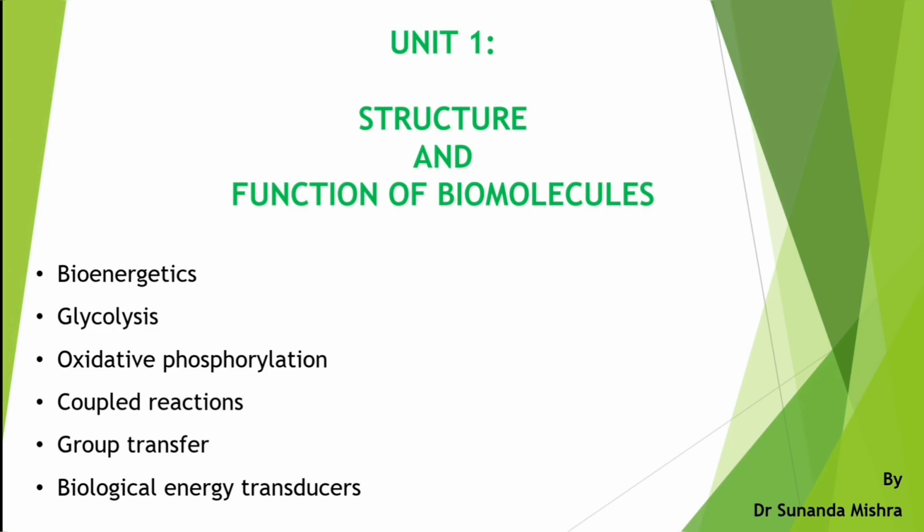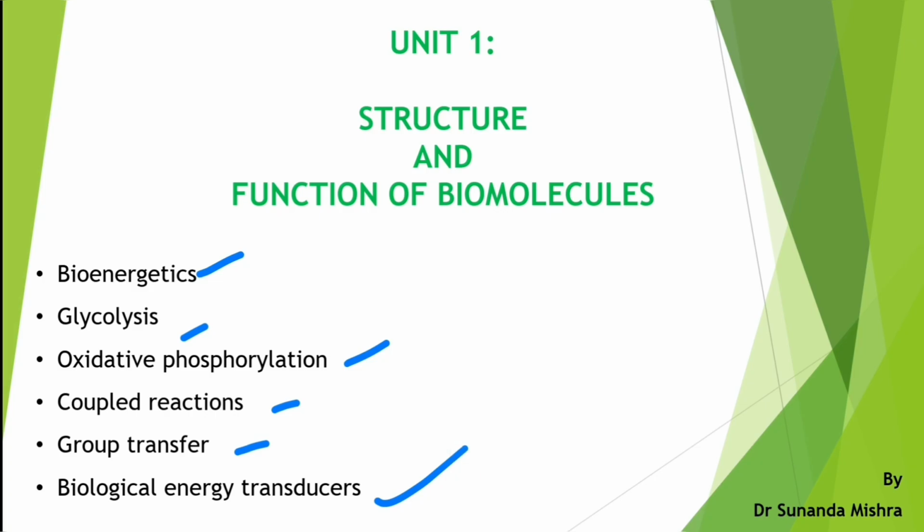So in this video we will discuss a small but very important part of unit 1 of your CSIR NET Life Science syllabus. This important part of unit 1 consists of bioenergetics, glycolysis, oxidative phosphorylation, coupled reaction, group transfer, biological energy transducers.